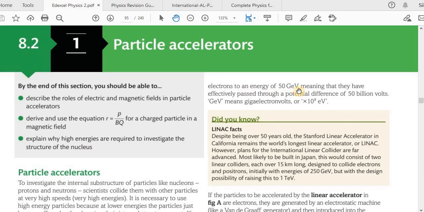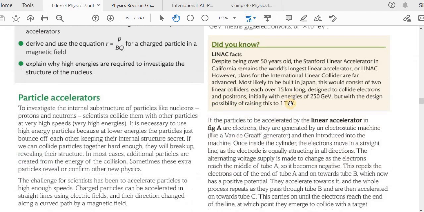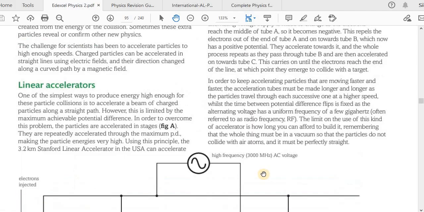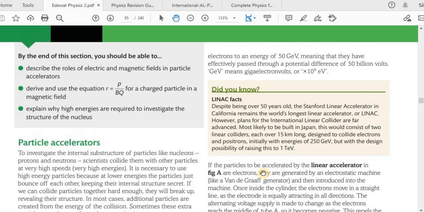So you can see if you accelerate it in parts, maybe one potential difference here and another there, finally the electron has gone through potential differences totaling about 50 gigavolts. Times the charge on the electron, we get 50 giga electron volts, meaning they have effectively passed through a potential difference of 50 billion volts.